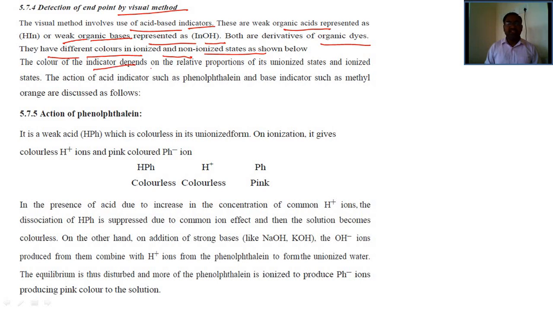The color of the indicator depends on the relative proportions of its unionized and ionized states. The actions of an acid indicator such as phenolphthalein and a base indicator such as methyl orange are discussed as follows.